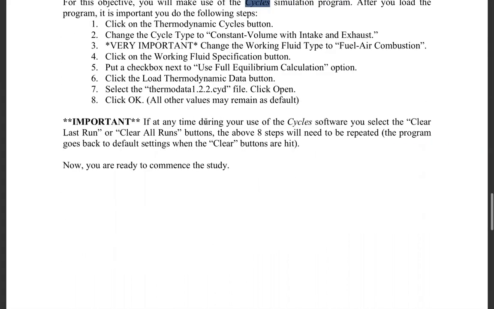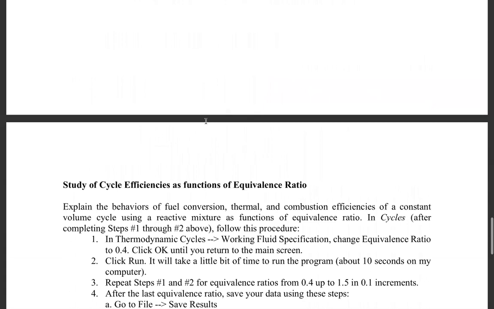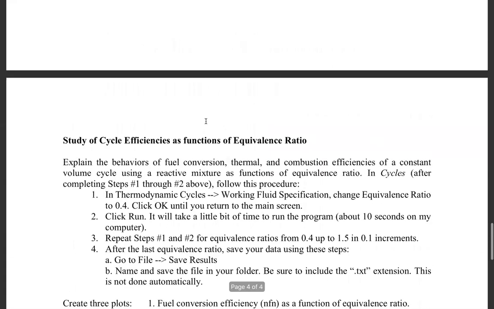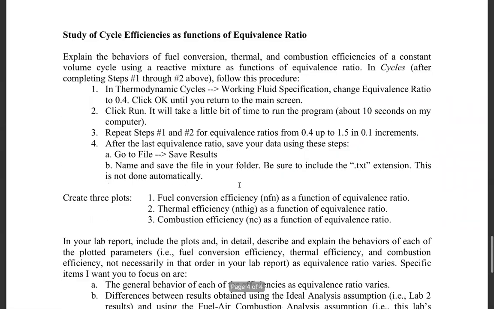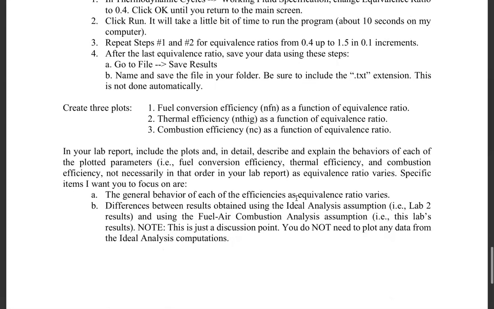And then I also ask you to create 3 plots: fuel conversion efficiency as a function of equivalence ratio, thermal efficiency as a function of equivalence ratio, and then combustion efficiency as a function of equivalence ratio. Okay? So again, you're going to include those 3 plots in your lab write-up, and you want to then describe in detail these, actually part A, really.